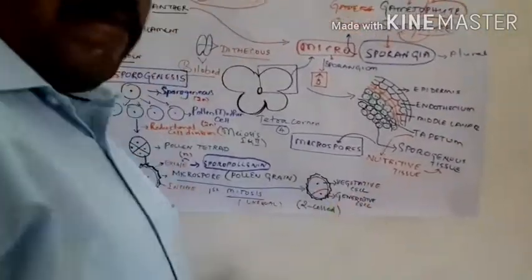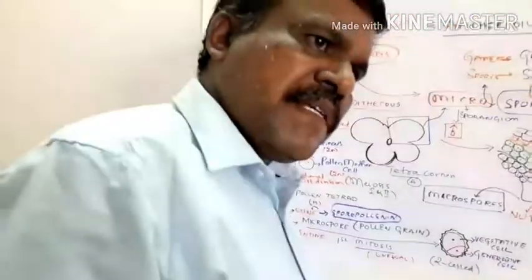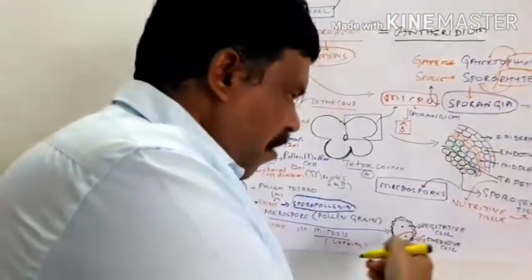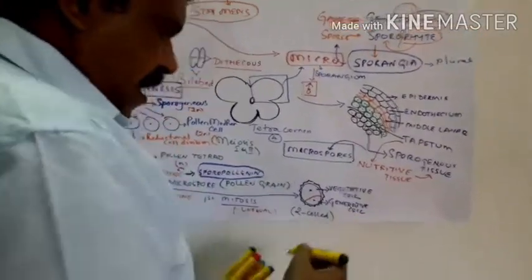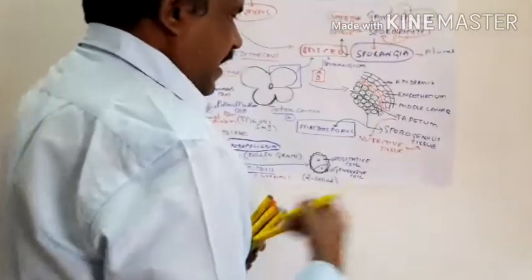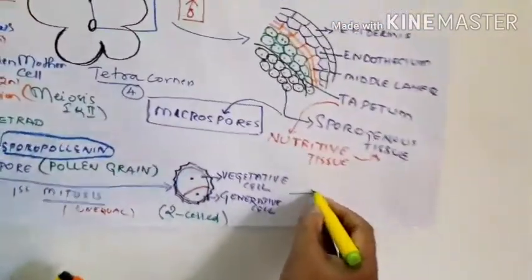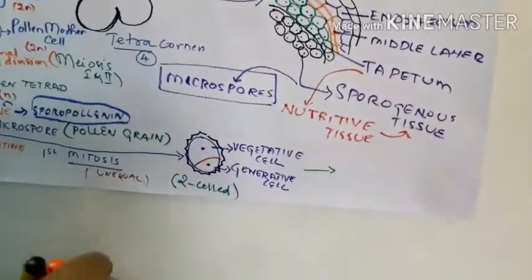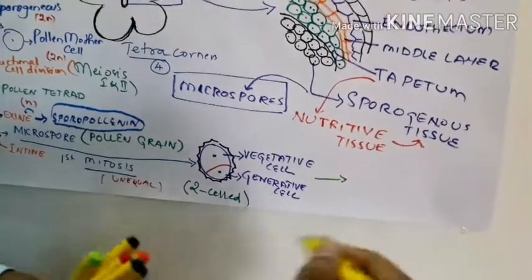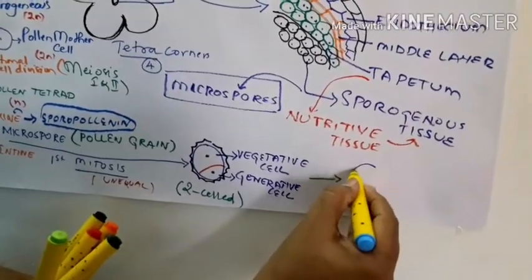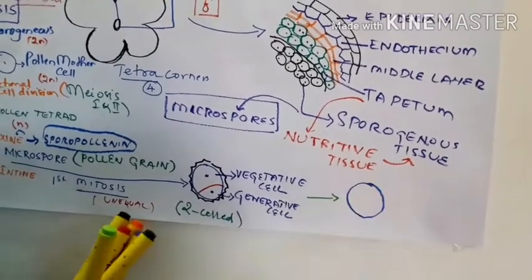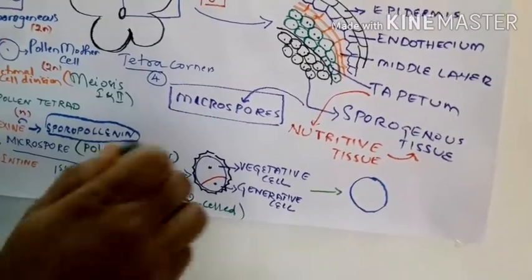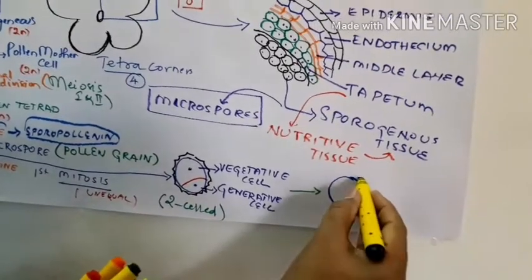In 70% of cases, when the pollen grain at the two-cell stage falls on the stigma, there it proceeds for the next division. Okay, children, then draw the ornamentation very neatly.